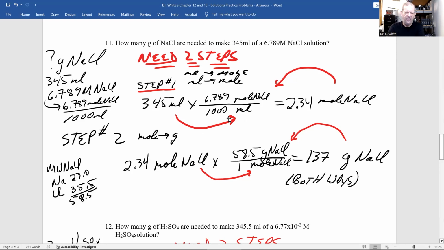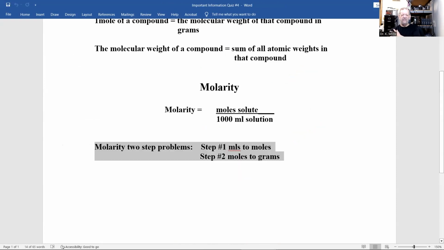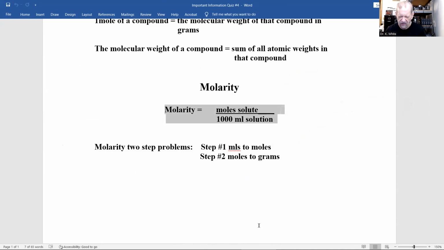And where do we get that ratio? Well, if you look over here, we have 6.789 capital M NaCl. The capital M tells us molarity. And if we look at important information, quiz 3, molarity equals moles of solute per 1,000 milliliters of solution.